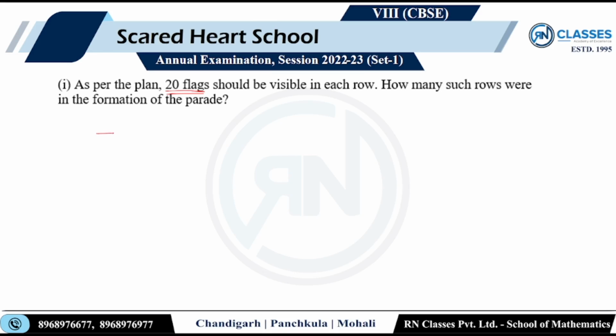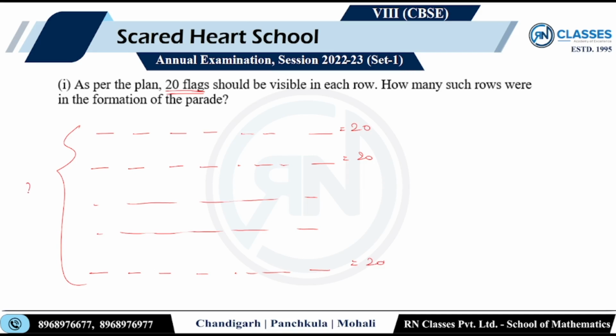अब एक परेड हो रही है जिसके अंदर हर एक रो के अंदर 20 होने चाहिए. इसमें भी 20. इसमें भी 20 फ्लैग्स। सो ऐसी ऐसी, आई डोंट नो कितनी रोज होंगी, बट लास्ट रो में भी 20 ही होंगे। लेट द नंबर ऑफ रोज बी x. फर्स्ट में 20, सेकंड में 20, थर्ड में 20, तो x रोज में 20x फ्लैग्स। मैंने नंबर ऑफ रोज x ली है, which should be equal to 200.